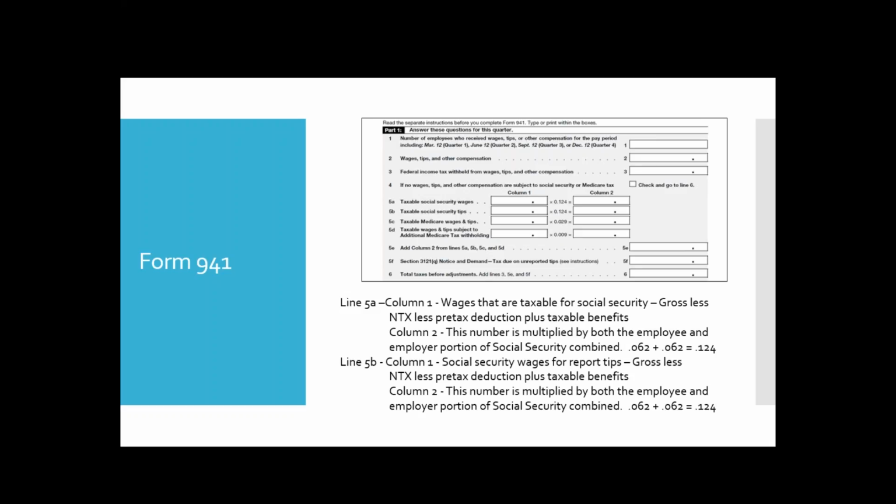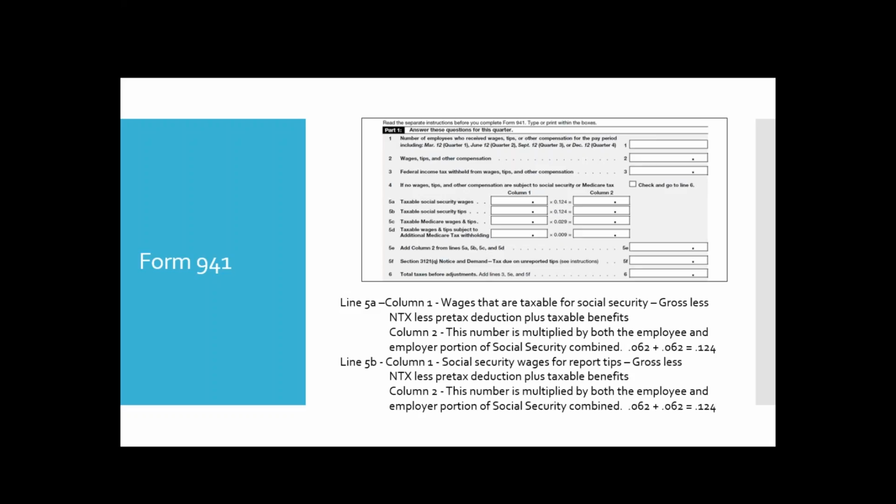And if that happens, the IRS may send you a Section 3121Q notice and demand to let you know about the situation. And if you receive this notice and demand, you need to report those wages on line 5F and also on Schedule B. However, the employer is not responsible for their portion of Social Security.